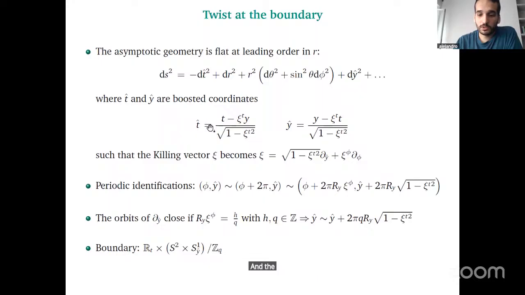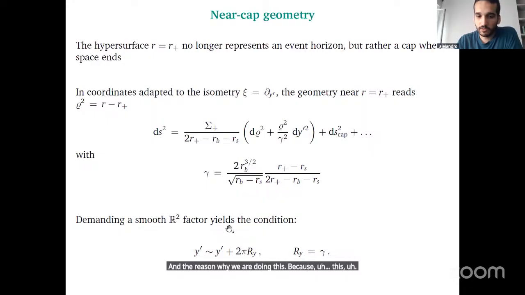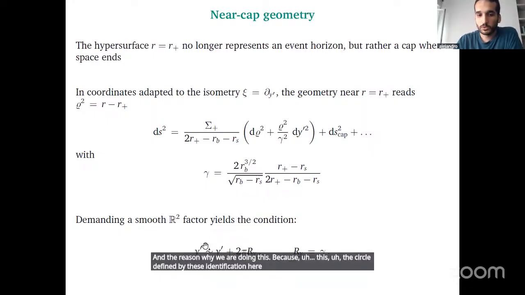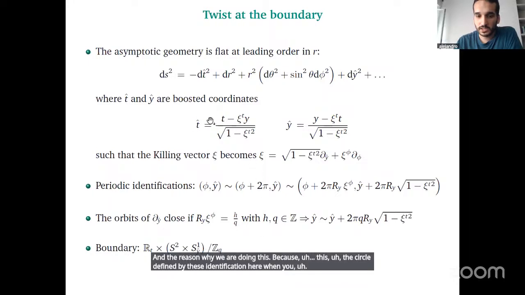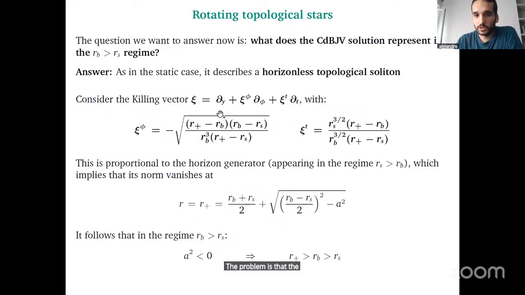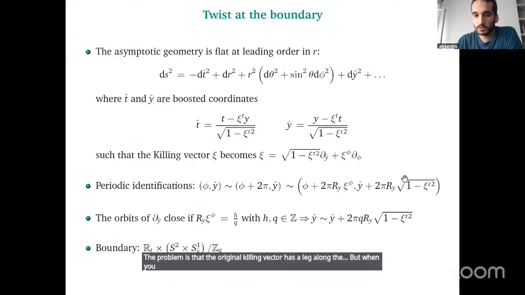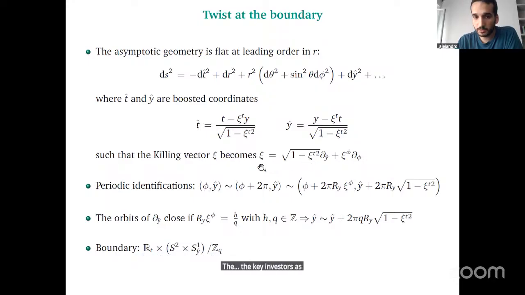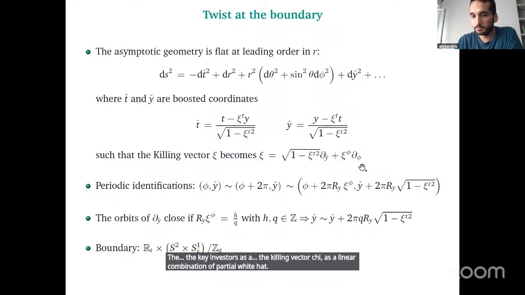The reason is that the circle defined by this identification, when expressed in terms of t and y, involves a shift in t, phi, and y. In other words, the problem is that the original Killing vector has a leg along t. But after this transformation, we can write the Killing vector as a linear combination of partial y hat and partial phi.